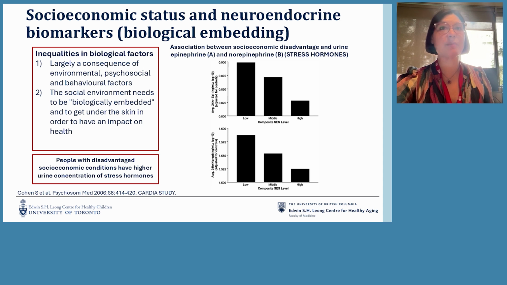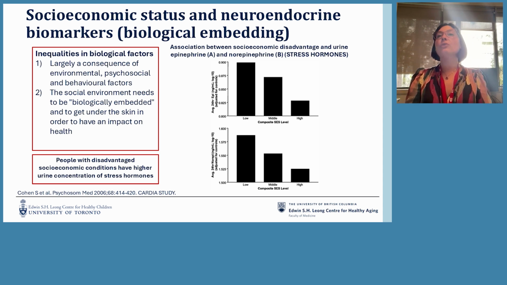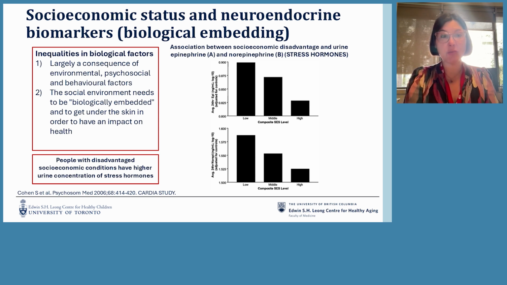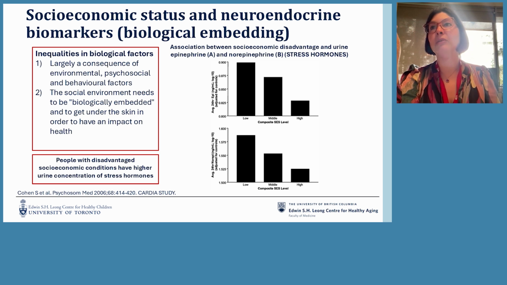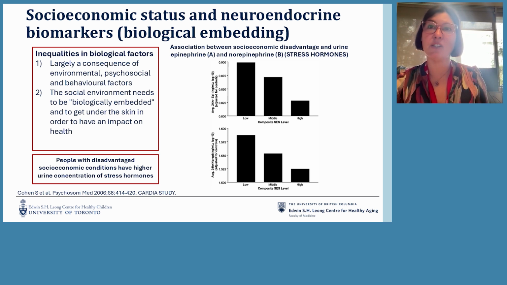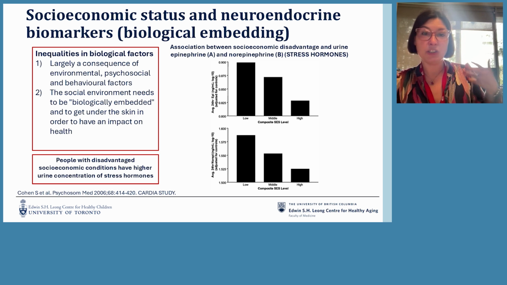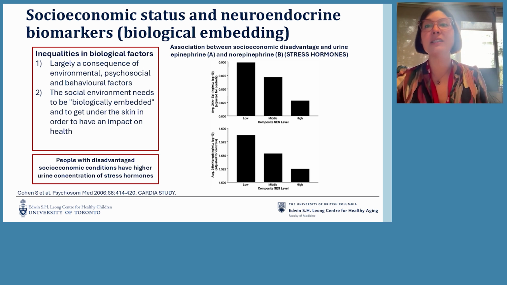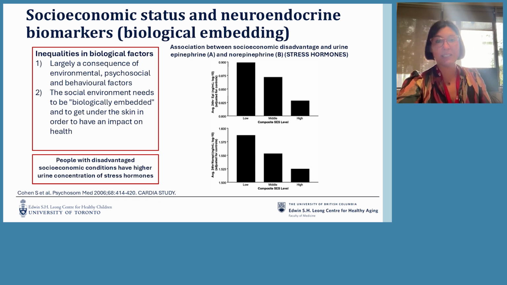And then, as I discussed previously, all of these factors have to have a biological impact in order to be able to translate into differences in health. This is just one example of the association between socioeconomic disadvantage and two stress hormones, where we can see that people with disadvantaged socioeconomic conditions have higher urine concentration of these stress hormones, and we will have a specific sub-module talking about the biological embedding of social determinants of health.